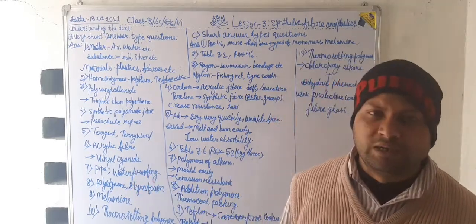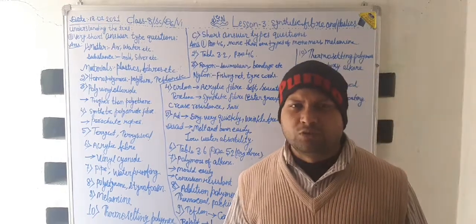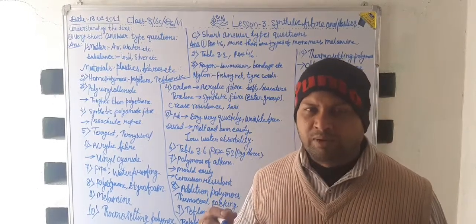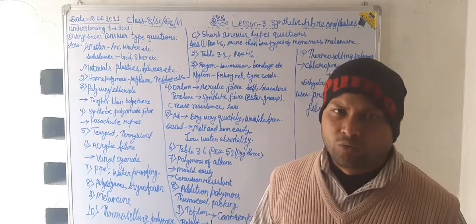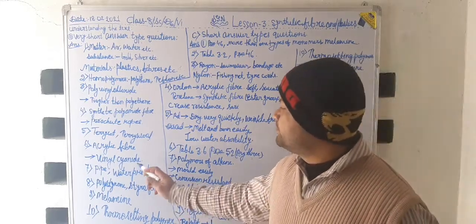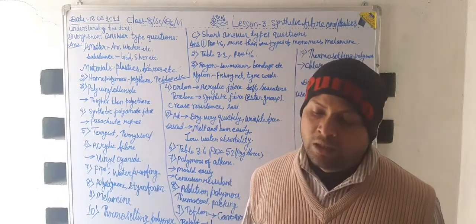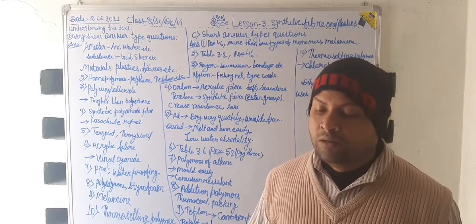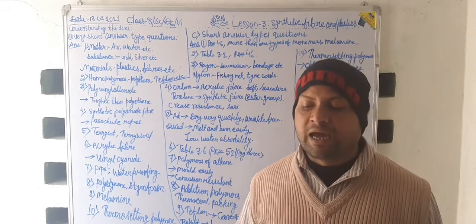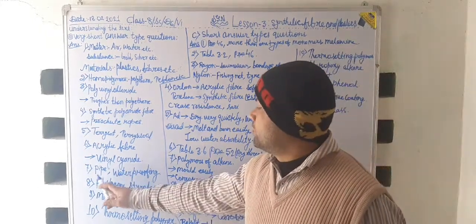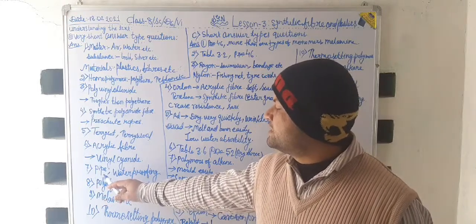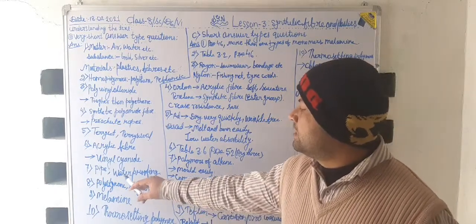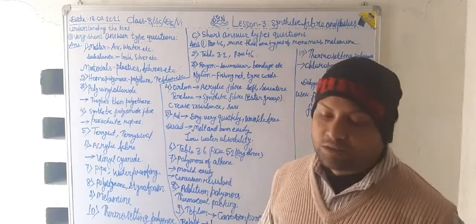Now look at question number 7. This is a very short type question, so you have to keep the word limit in mind. Give one example each of low density polythene and high density polythene. The example of low density polythene is pipe, and high density polythene is waterproofing.